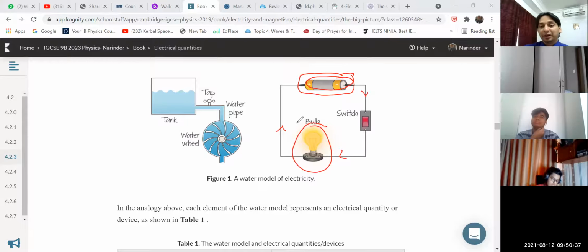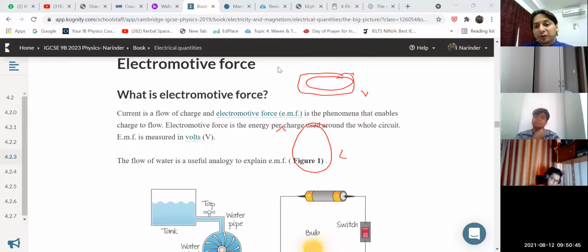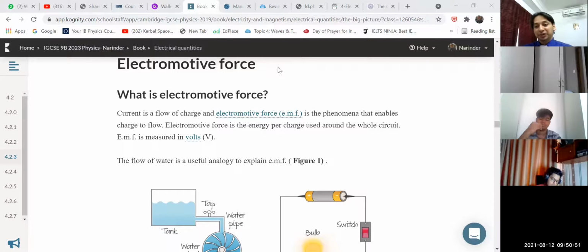Now basically, what is the role of the battery or cell in any electric circuit? The role of the battery or cell is to make the electrons move in one particular direction. Or in another way, you can say electromotive force is the energy given to any charge around the whole circuit.